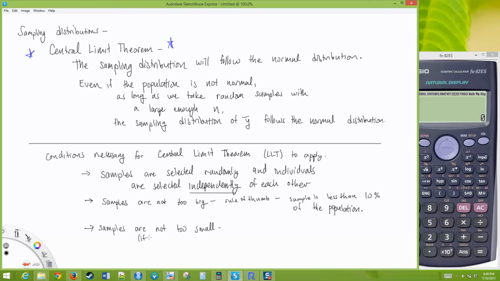If the population is normal, any sample size is fine.